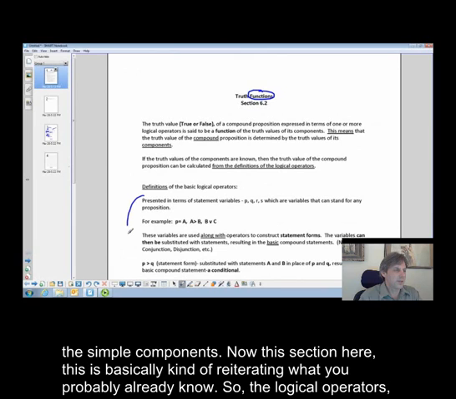Okay, now this section here is basically reiterating what you probably already know.